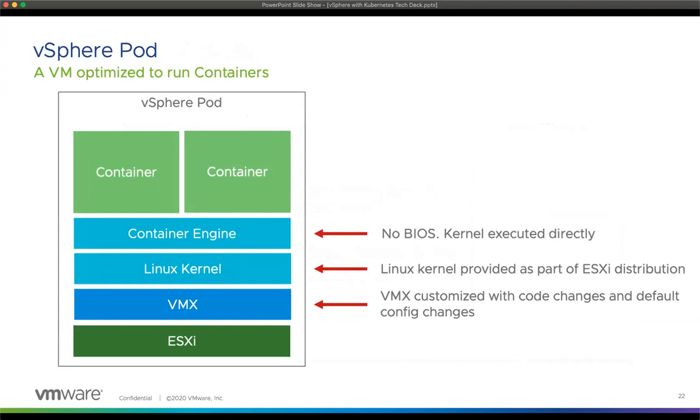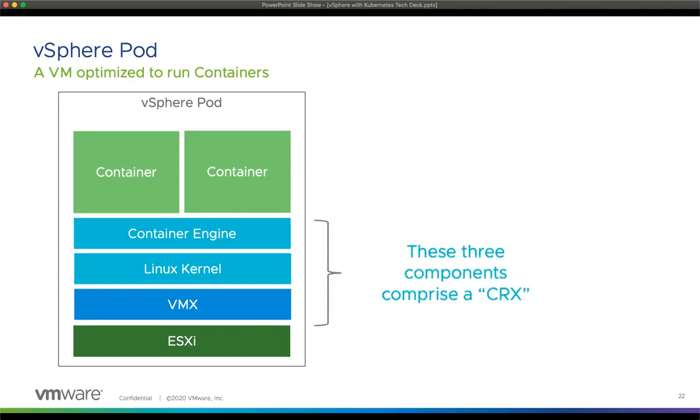There's a very lightweight init process to create /dev, etc. And then the container engine is in there. And then you can run containers within that vSphere pod. These three components, VMX, Linux kernel, and container engine, that is what is called a CRX, container runtime for ESXi.